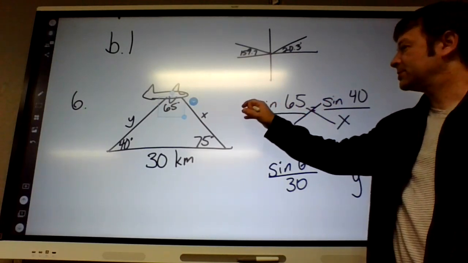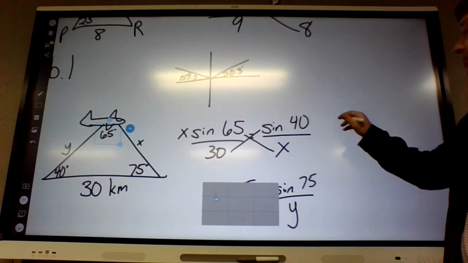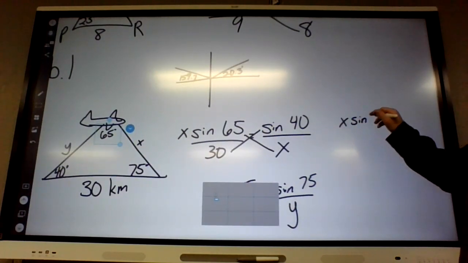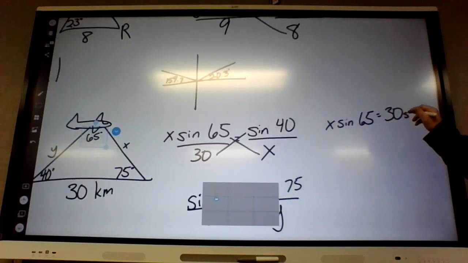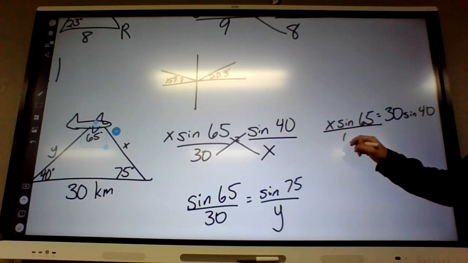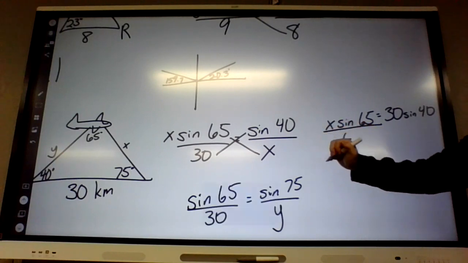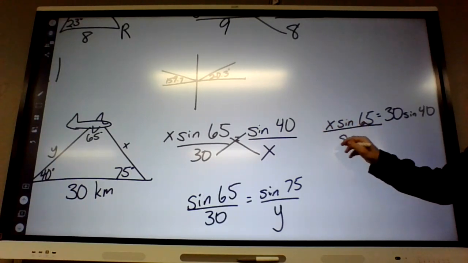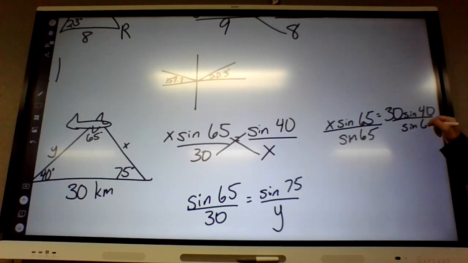So x is up here, 30 is up there, so x sine of 65 equals 30 sine of 40. So to solve for x, since it's multiplied to this, divide by sine of 65. Let me see.